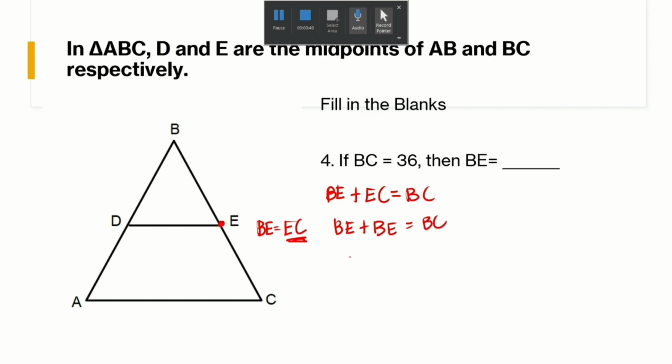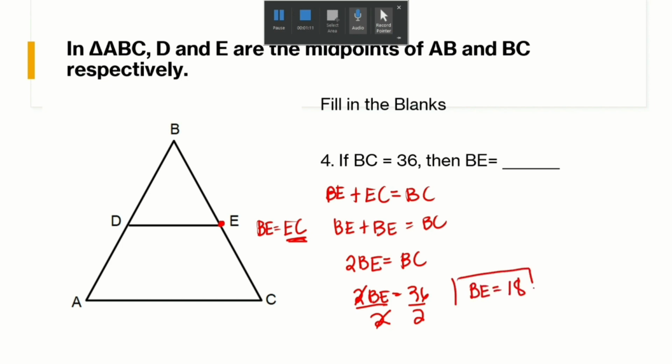So BE plus BE, that is 2 BE, is equal to BC. Then we know that BC is 36, so 2 BE is equal to 36. Divide both sides of the equation by 2, then BE is equal to 18.